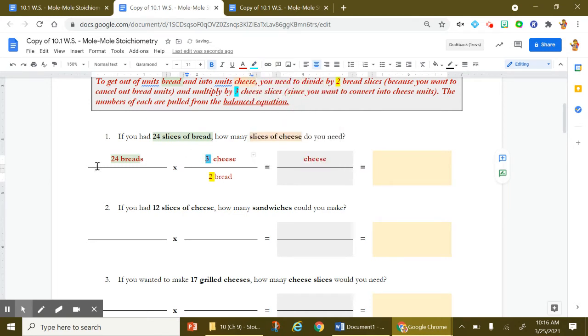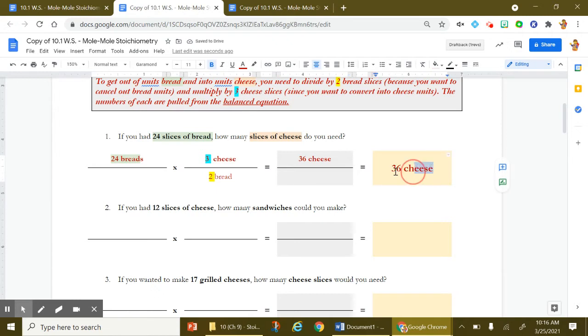So you see, in essence, what we're doing is we're taking our 24 slices of bread and we're multiplying it by 3 over 2, or 3/2. So we can just put that in the calculator. 24 times 3/2 equals 36 slices of cheese. Okay, 36 slices of cheese. That is our final answer.